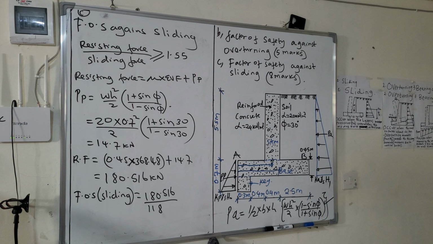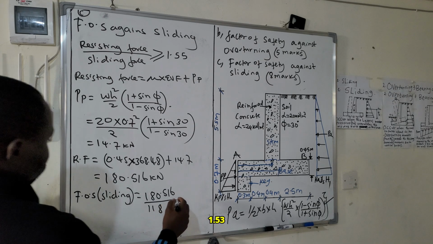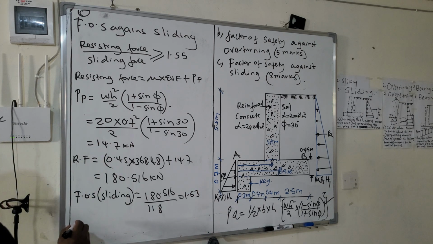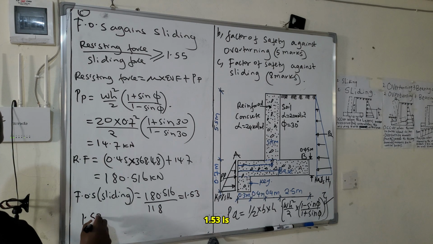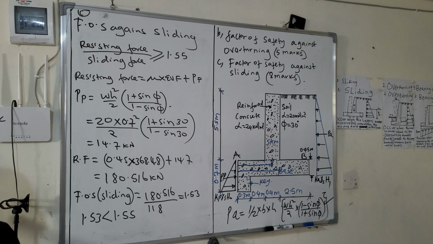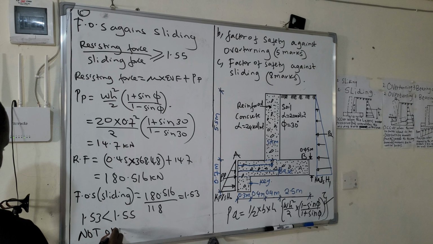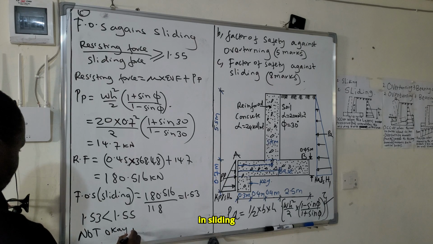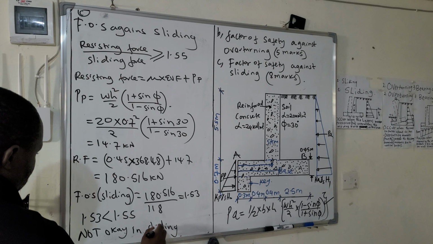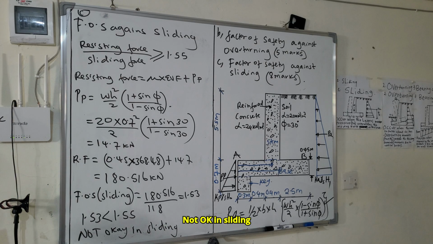So the answer is 1.53. Therefore, 1.53 is less than 1.55. So not okay in sliding.